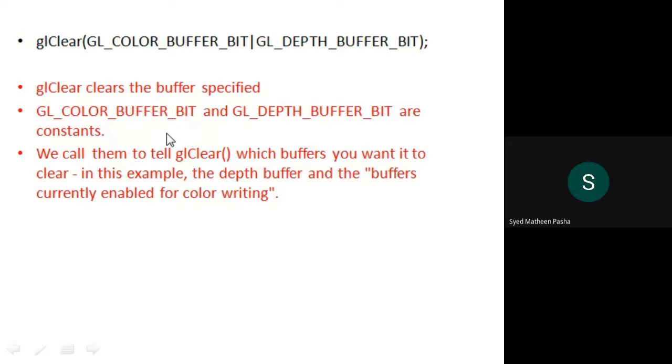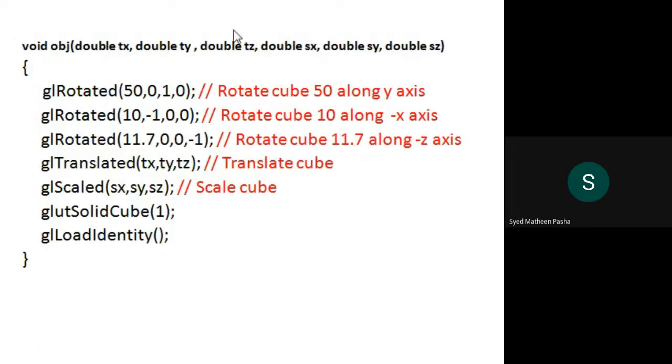The memory should be cleared in the program. In this particular example, the depth buffer and the buffers currently enabled for color writing. We use the color buffer bit to specify the color of the particular object. Then, as I told, there is an object created in the display function.